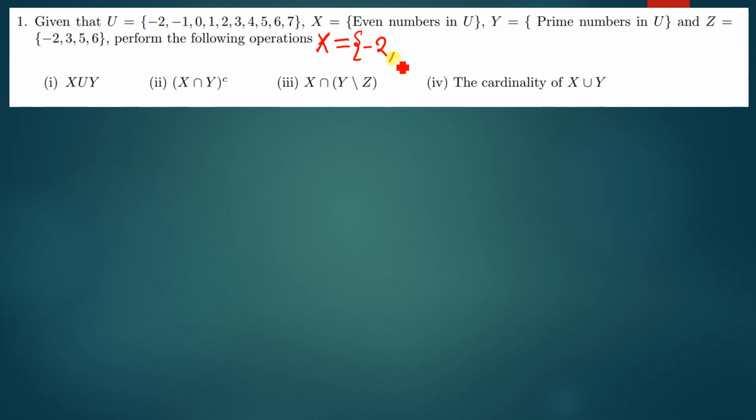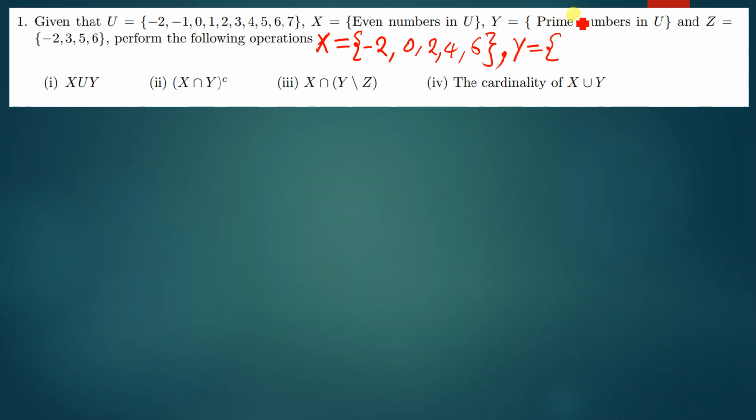So we have -2, then we have 0, then from there we have 2, we have 4, then there's also 6. So all these numbers that I've listed here, if you divide 2 into these numbers, you discover that the remainder is going to be equal to 0. So let us also list y in the same way.